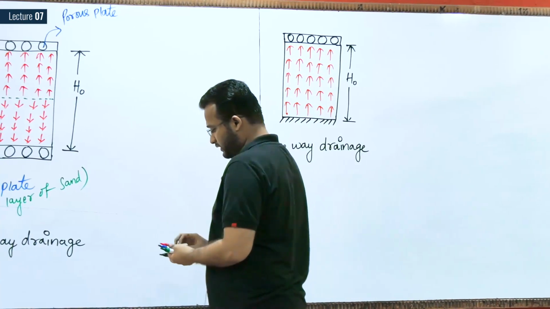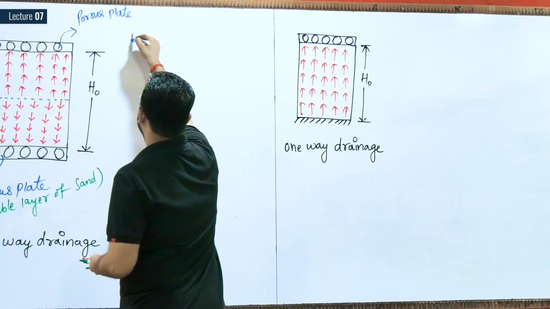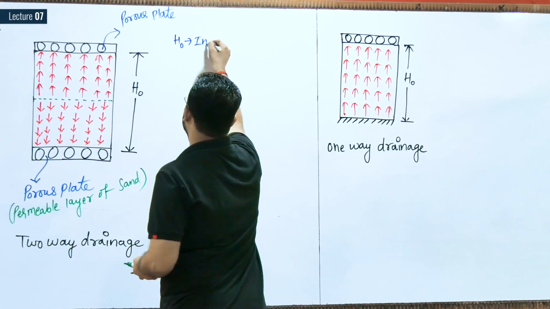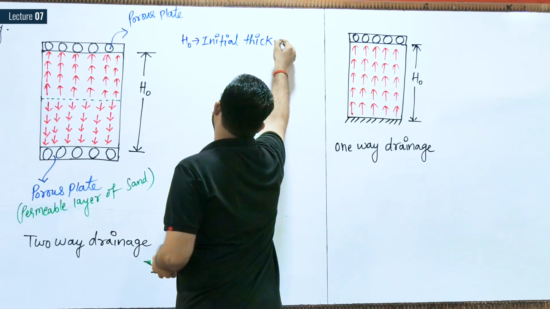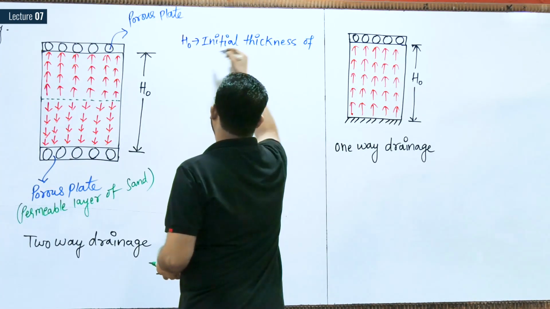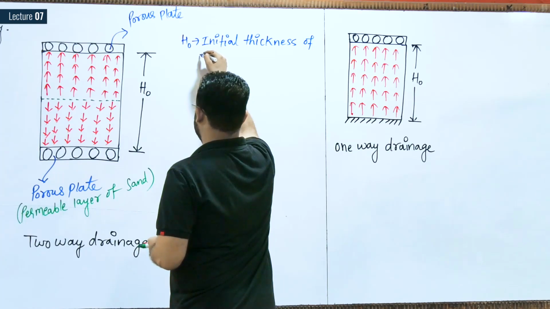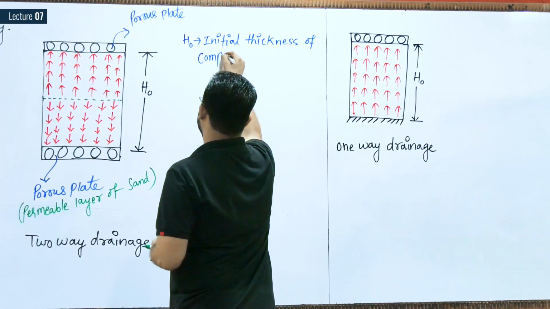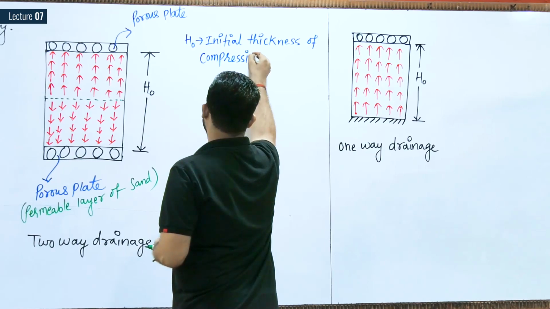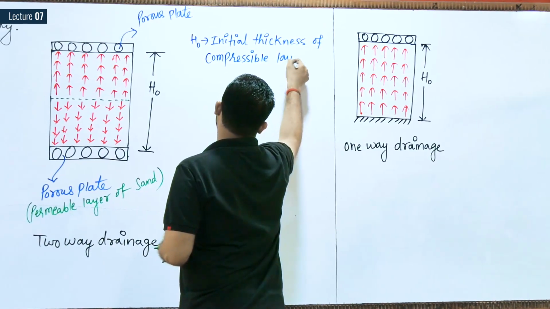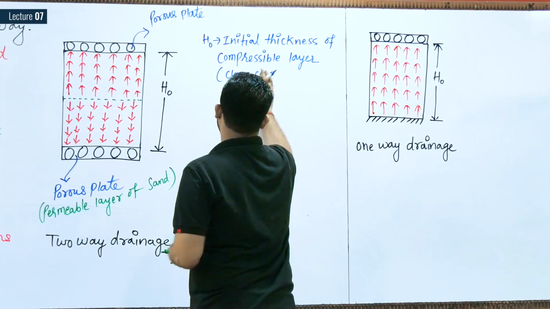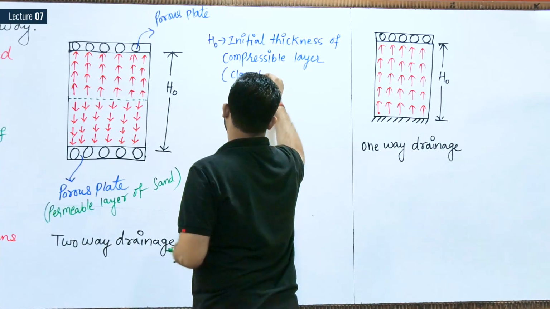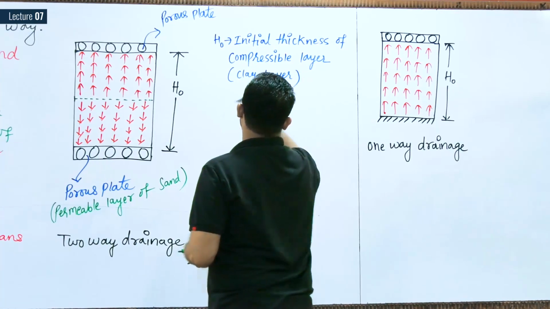I can write H0 is the initial thickness of the compressible layer. Compressible layer means clay layer.